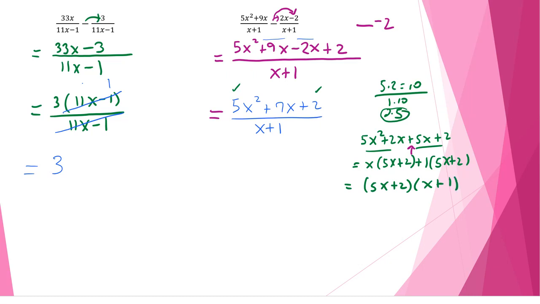So I'm going to go back to my problem. The top factors into two binomials, 5x plus 2, x plus 1, all over x plus 1. And then I'm dividing out common factors, and I end up with 5x plus 2.